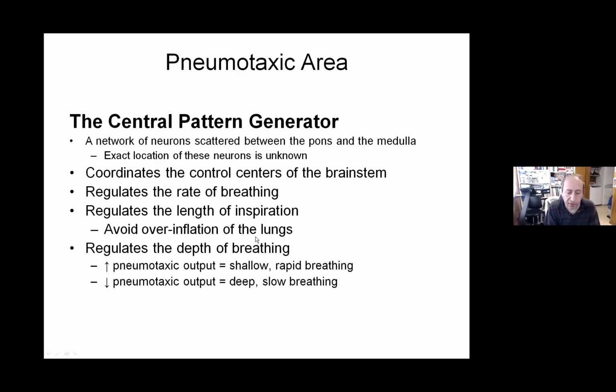So you inspire, and some neurons fire more and more to prevent excessive inflation of the lung. So it regulates the depth of breathing. An increase in pneumotaxic output will lead to shallow, rapid breathing, and a decrease in pneumotaxic output will lead to deep, slow breathing.